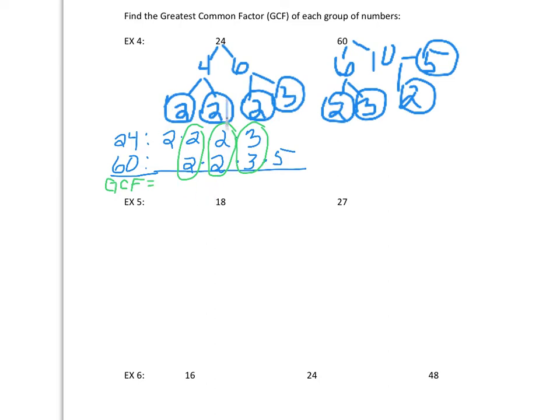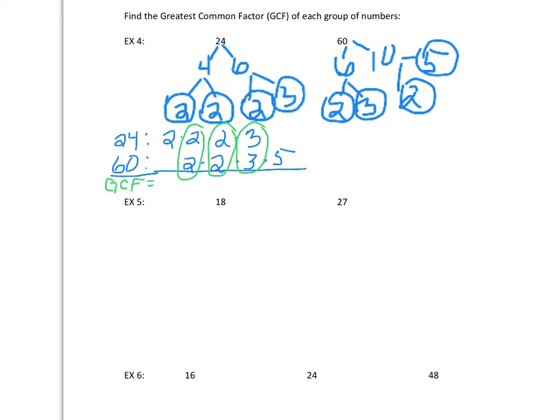In other words, this has two 2s that you could take away, and this has two 2s you could take away. But that's the most, because this one does not have three 2s to take away or four 2s to take away because it only has two. I can take away 3 here, but I can't take 3 from this one. So the most 2s that I can take from both of them is two each.